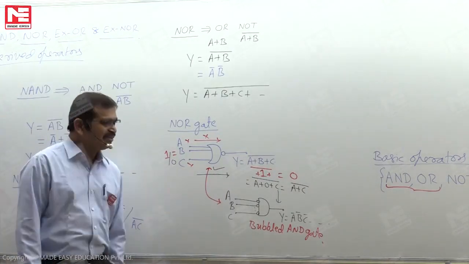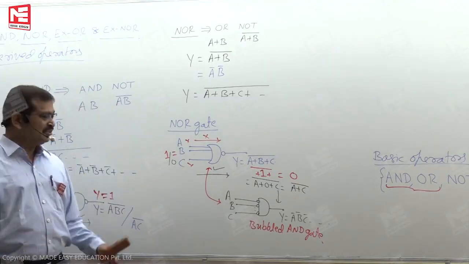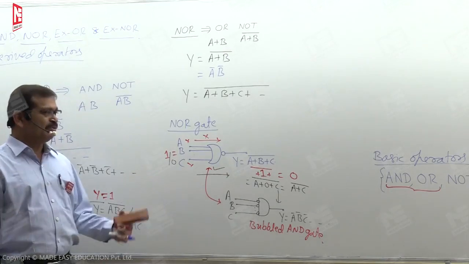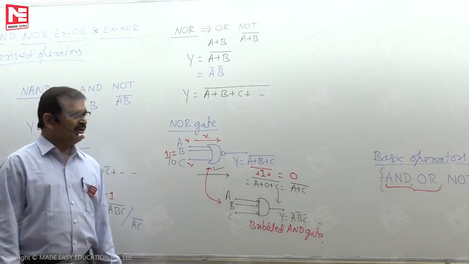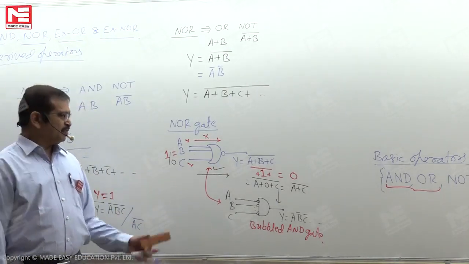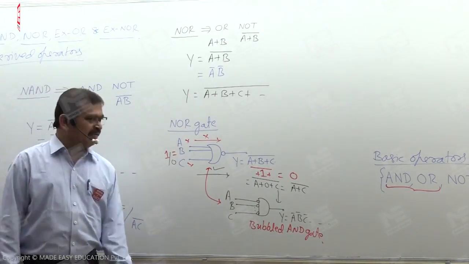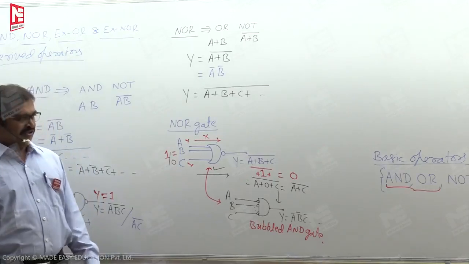Such an input must be named as an enable input. Such a state of the logic gate is an active state, so such an input must be named as enable input. Hence, enable input is 0, disable input is 1 for this NOR gate.